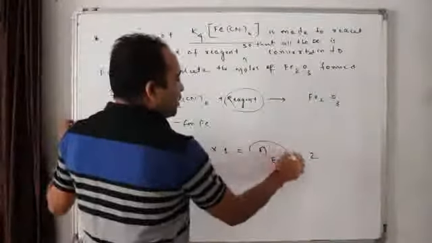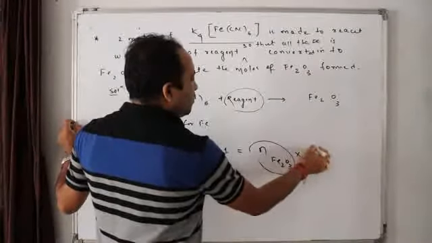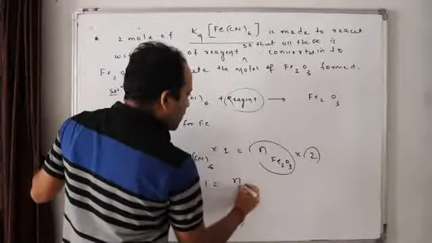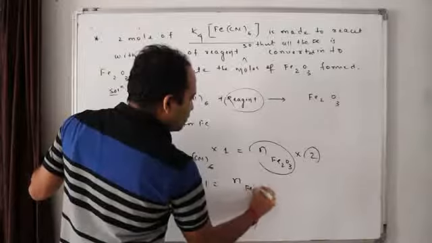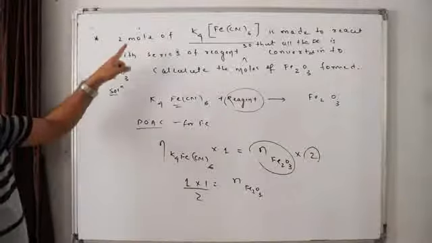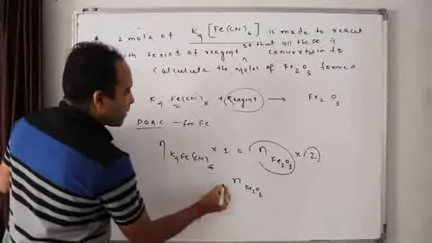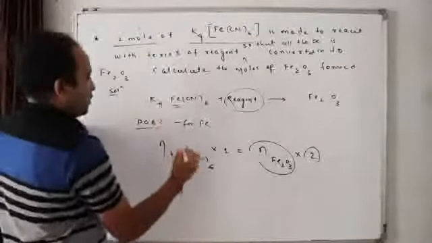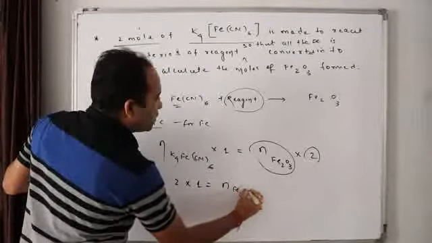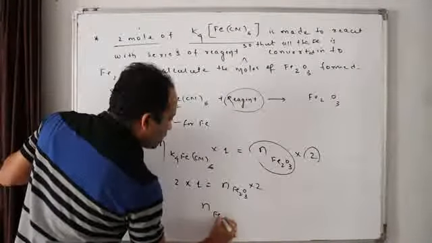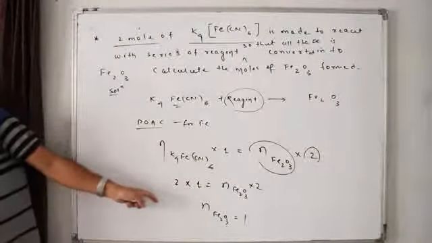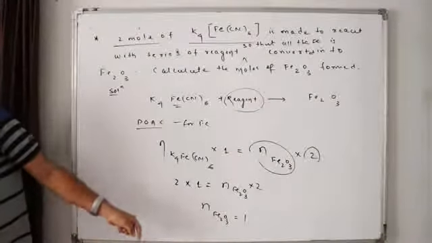This is unknown to us, this is known: 1 mole into 1 mole is equal to n Fe2O3 by 2, isn't it? Sorry, they have given us 2 moles. So multiply 2 here. 2 into 1 is equal to n Fe2O3 into 2. So the number of moles of Fe2O3 formed is equal to 1. Easy.